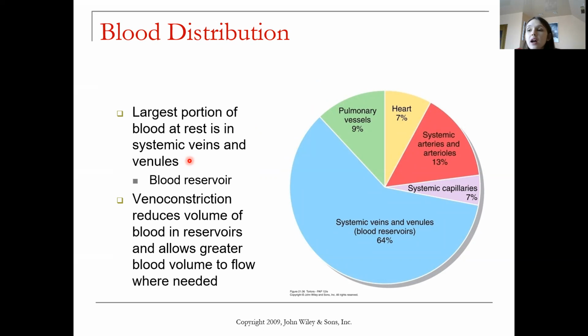For instance, in the venous system the pressure could vary from 10 millimeters of mercury, and in the superior and inferior vena cava it is about 4 to 5 millimeters of mercury, so the pressure here is very low. But due to the influence of the sympathetic division, it could lead to vasoconstriction of the venous vessels, and this will lead to increased blood pressure in this system when it is needed.